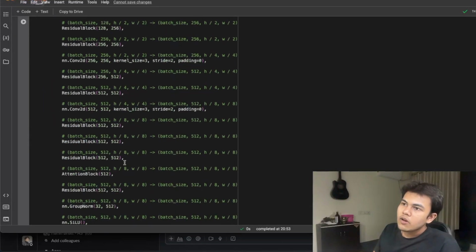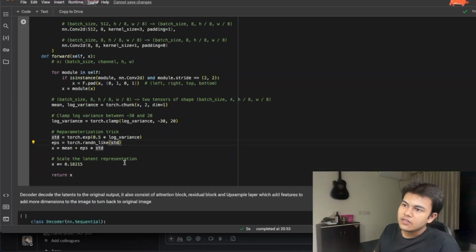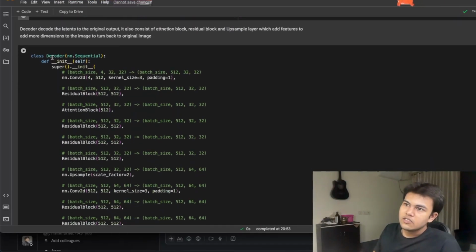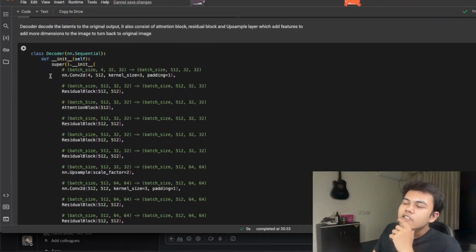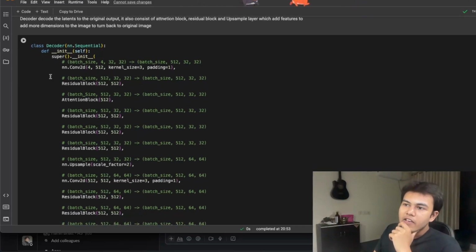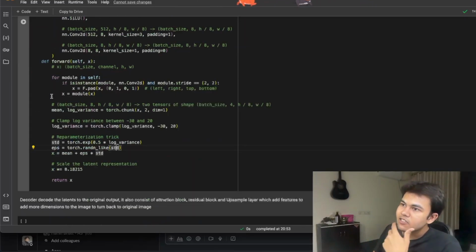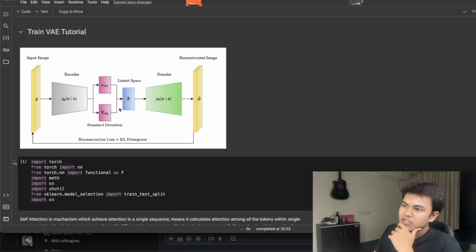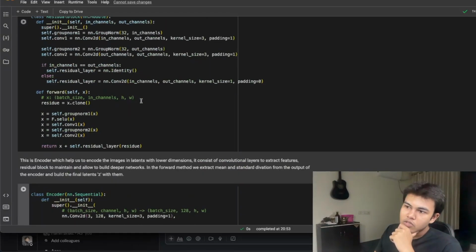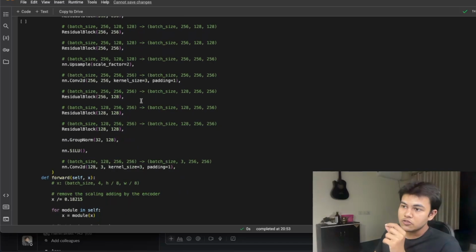So this was all about the encoder, and now let's take a look at the decoder. Now we have the latent space. The intention of the decoder is to use this latent space to reconstruct the original image.